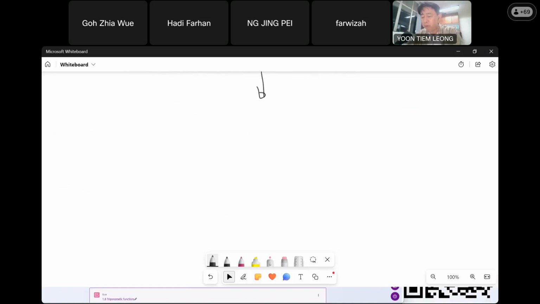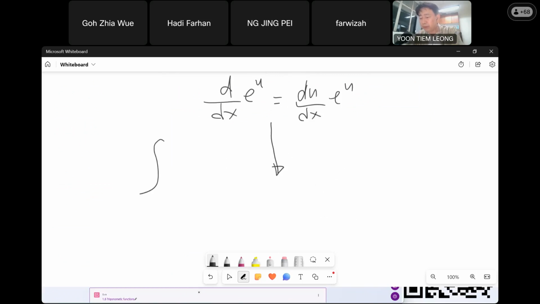So let me proceed and tell you how I lead to the next step. Up to this point, I have shown you that you can obtain the derivative of the exponential function where e is raised to the power of u as du/dx times e to the power u. So I'm going to integrate the relationship on both sides. What I do is that I put both into an indefinite integral operation.